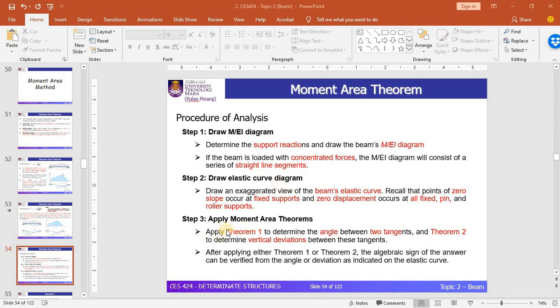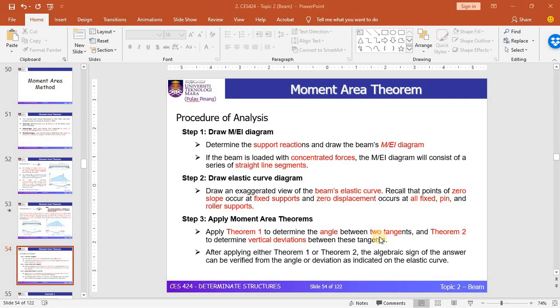The third step is to apply the moment area theorem. We have seen that there are two theorems, theorem 1 and theorem 2. Sometimes we need to use a combination of both theorems to solve a certain problem. You will see this in the examples.